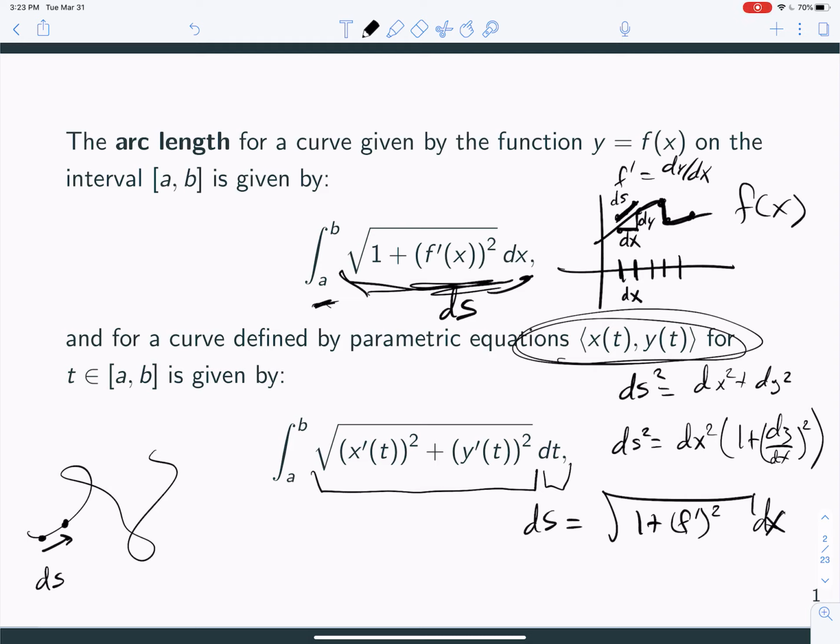If this is your velocity vector v, the velocity vector v would be given by x prime comma y prime, right? Velocity would be the derivative, and the length of that vector would be the square root of the sum of the components squared, which is what we have here. So you can see that these arc length integrals are really important to understanding line integrals. It's essentially just building on this idea.